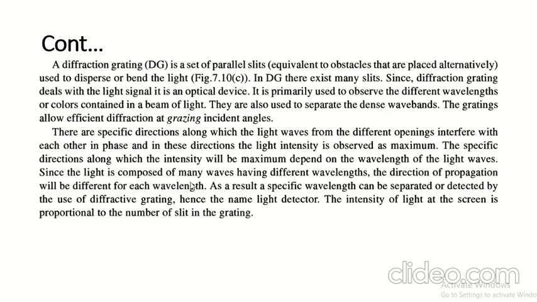Since light is composed of many waves having different wavelengths, the direction of propagation will be different for each wavelength. As a result, a specific wavelength can be separated or detected by the use of a diffraction grating, hence the name light detector. The intensity of light at the screen is proportional to the number of slits in the grating.